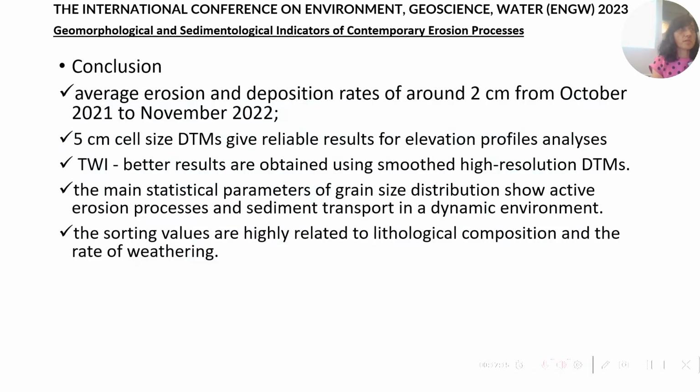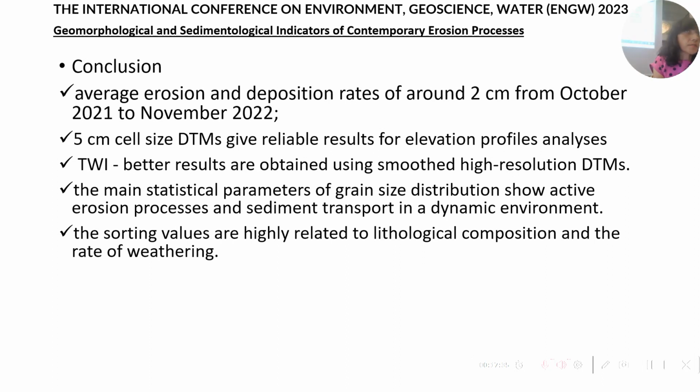As a conclusion of the results, we can say that erosion and deposition rates of around 2 centimeters are observed between October 2021 and November 2022. These are average rates in different points.